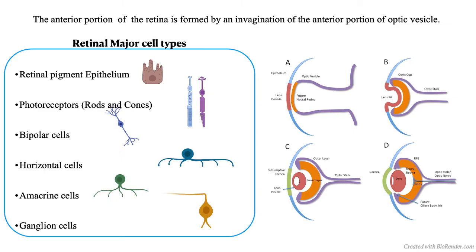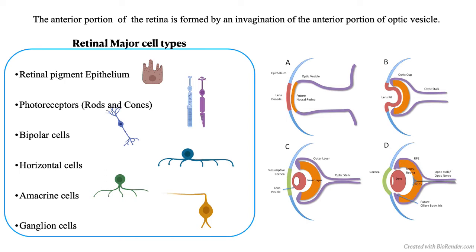So let's start by talking about anatomy. In fact, the anterior portion of the retina is formed by an invagination of the anterior portion of the optic vesicle. There are 6 major retinal cell types. We know about RPE, which is the retinal pigment epithelium.